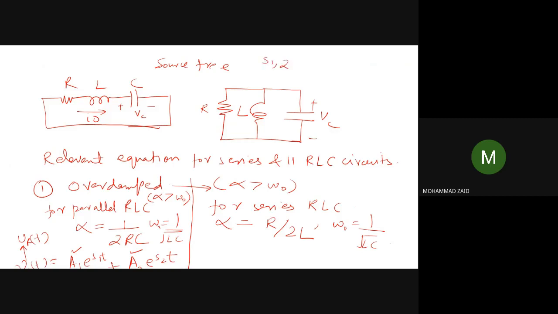So s1 and s2 are given by the formula minus alpha plus minus under root alpha square minus omega naught square, and for the overdamped case alpha is greater than omega naught. Okay, the similar expression can be written for the response in the series circuit, whether it is a current or voltage. The response is in this form: A1 e to the power s1t plus A2 e to the power s2t. Okay, so this is for the overdamped case where alpha is greater than omega naught.